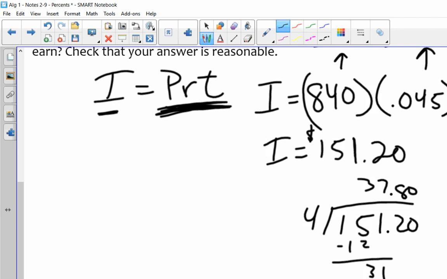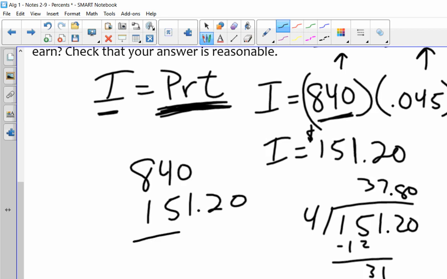Okay, I'm making about $37.80 per year in interest on the amount that I put in. The amount was 840. So after 4 years, I put in 840 and I made $151.20.